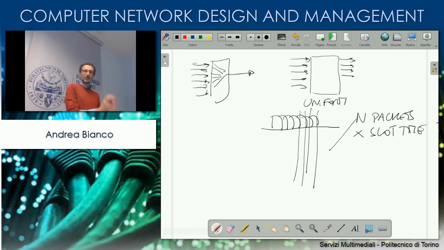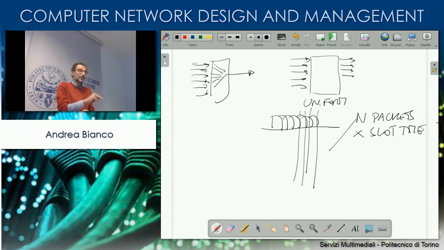So if we want to support this traffic, we have to get rid of those n packets in one slot time. What does it mean, get rid? Read them at the input, process, store, make a routing decision, and move to the output. Because if you don't do that, in the next slot, you will get n more packets. If you have accumulated some delays, you will not be able to sustain this traffic for sure.